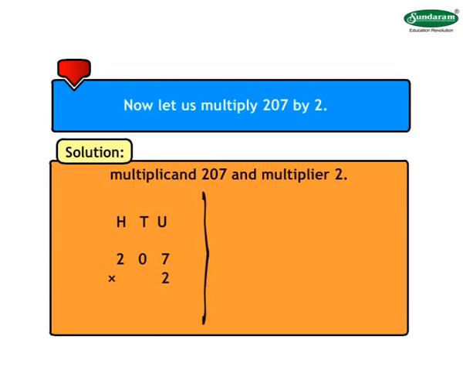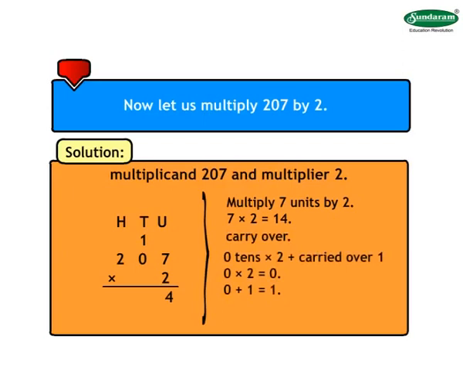Starting with the units place, we will multiply 7 units by 2. Now, 7 into 2 is equal to 14. Write 4 in units place of answer. Carry over 1 ten to the tens place of multiplicand 207.